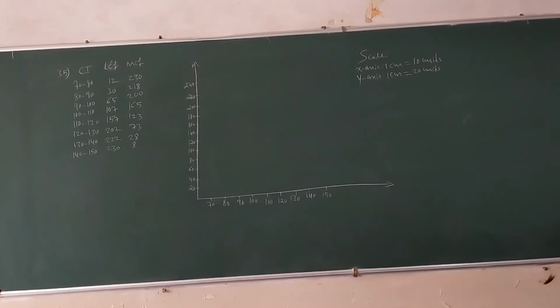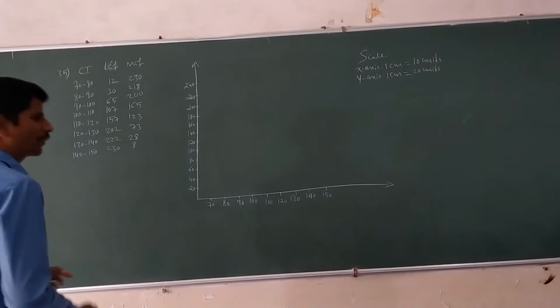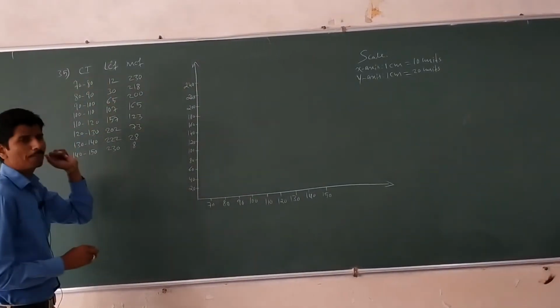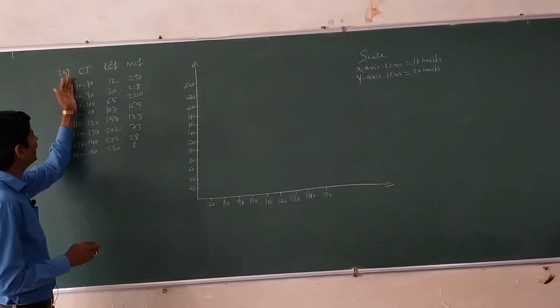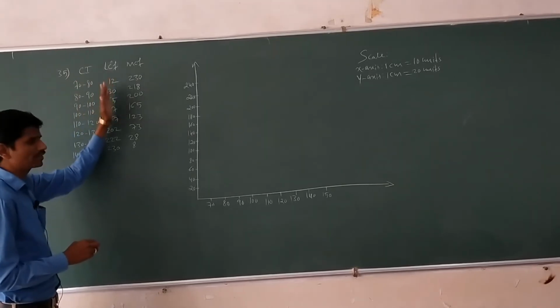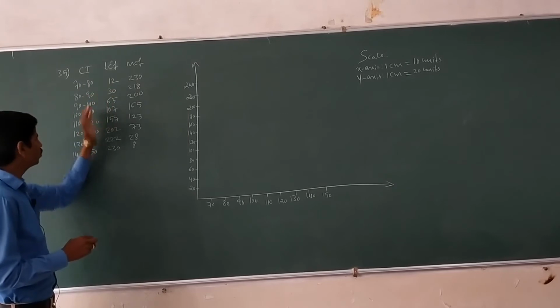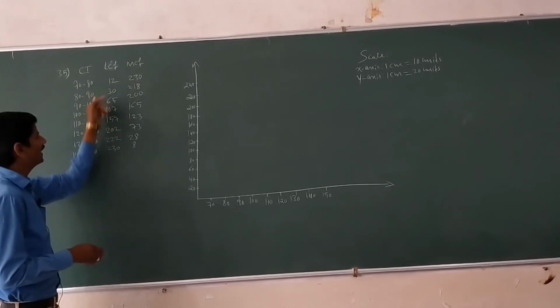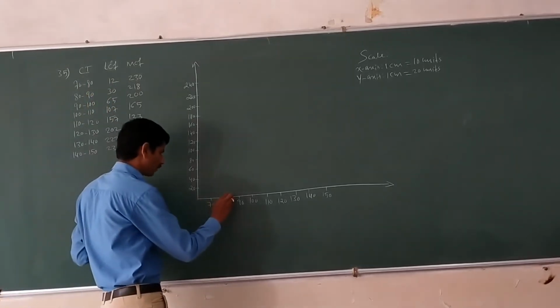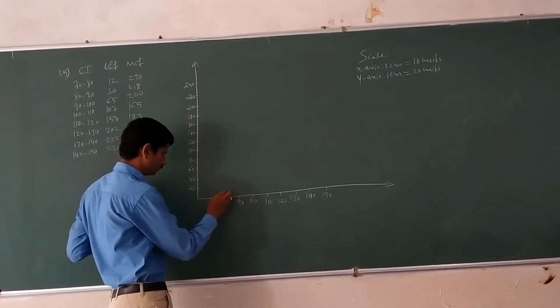Next, first we have to draw the LCF curve. Here, the less than cumulative frequencies are drawn against upper class limits. 80 is 12, 90 is 30, and so on, 150 is 230. First, 80 is 12.